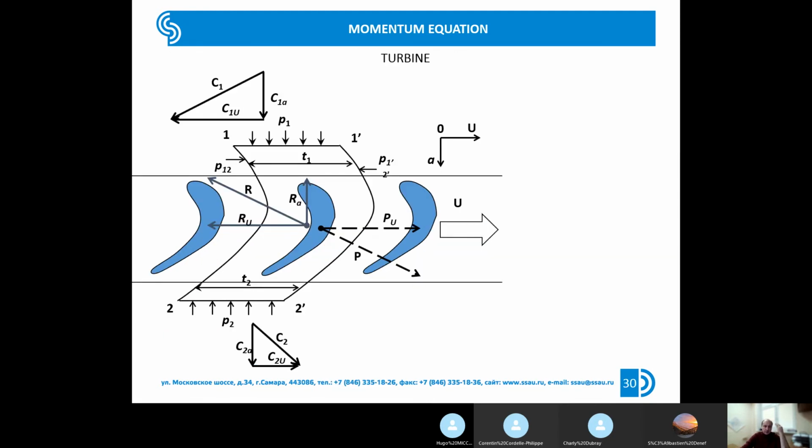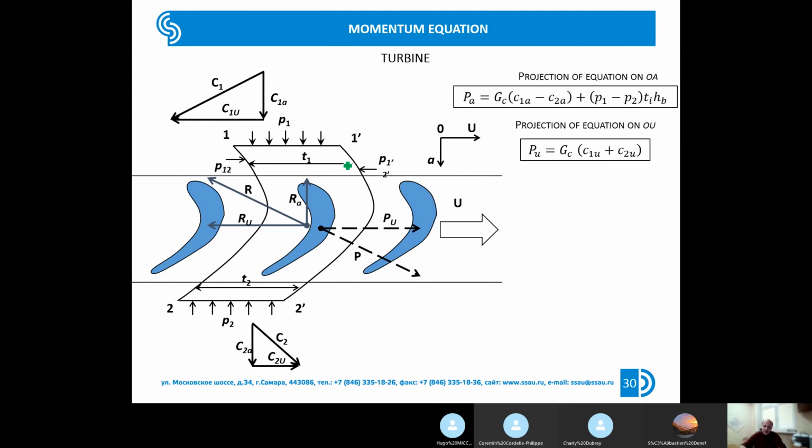And the same for the turbine. We do the same things: we draw the control line and make the same line at the channel. We write the momentum conservation equation for this case, and finally we receive these two equations.